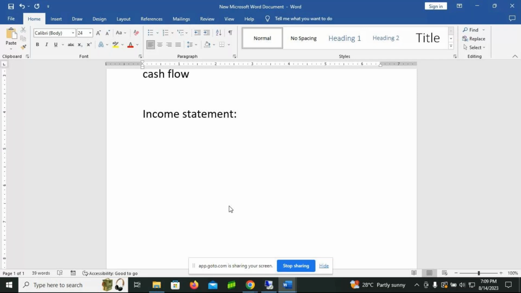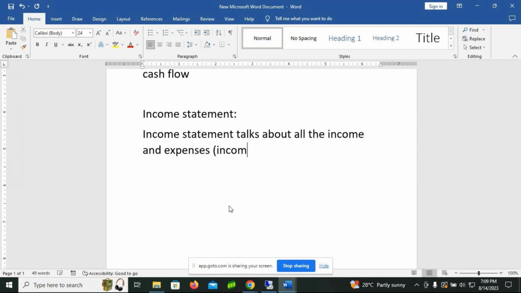Income statements talk about all the incomes and expenses, where I can tell the incomings or outgoings of cash, money, of a company.